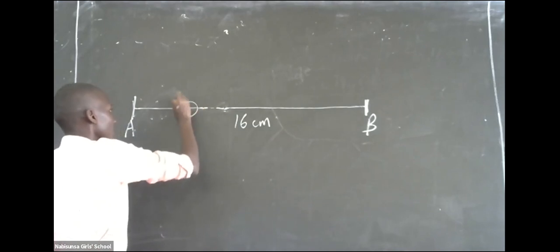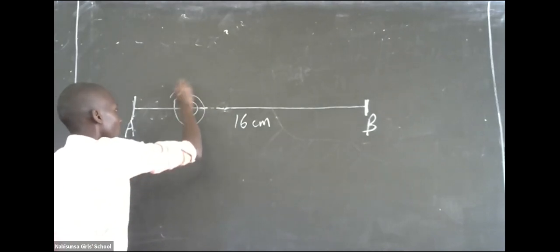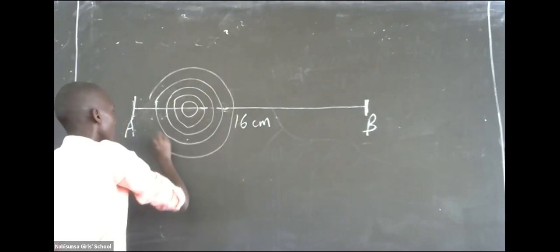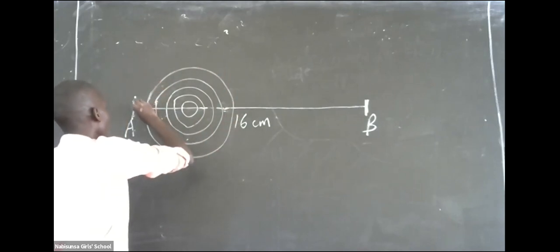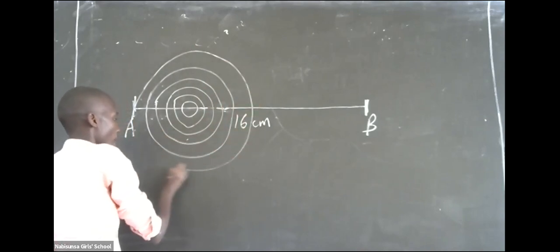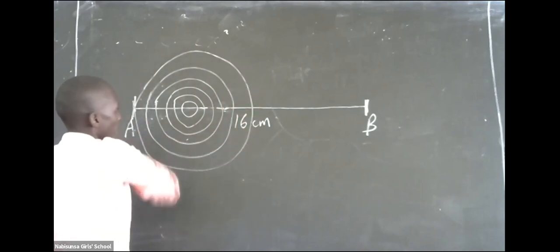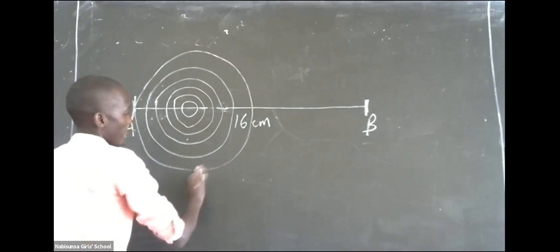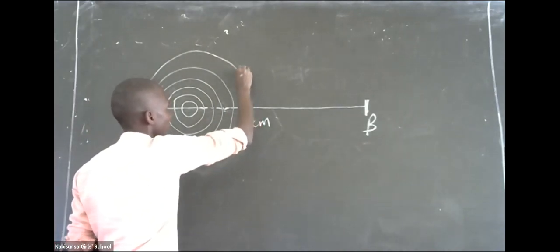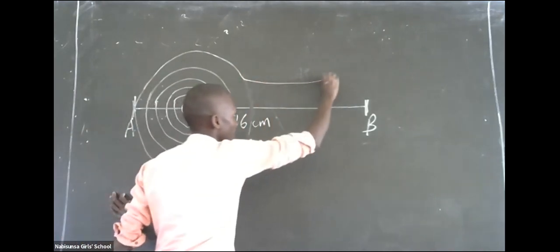We draw 1, 2, 3, 4, 5. We can draw even here 6. That last one, we just bring it here.